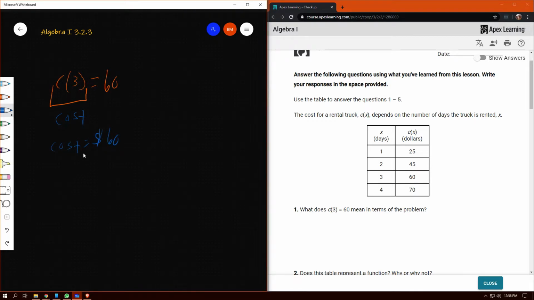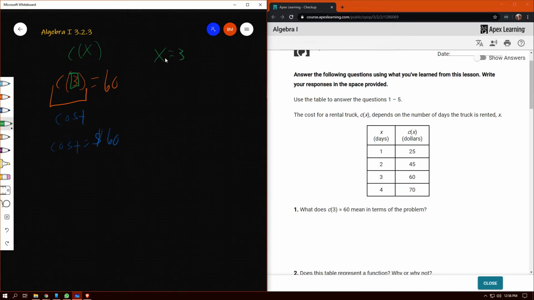This entire thing represents cost, and so that means the cost is $60. Now, the 3 took the place of the X, because initially we were given this expression, the cost for a rental truck was C of X. So the 3 is now the X.